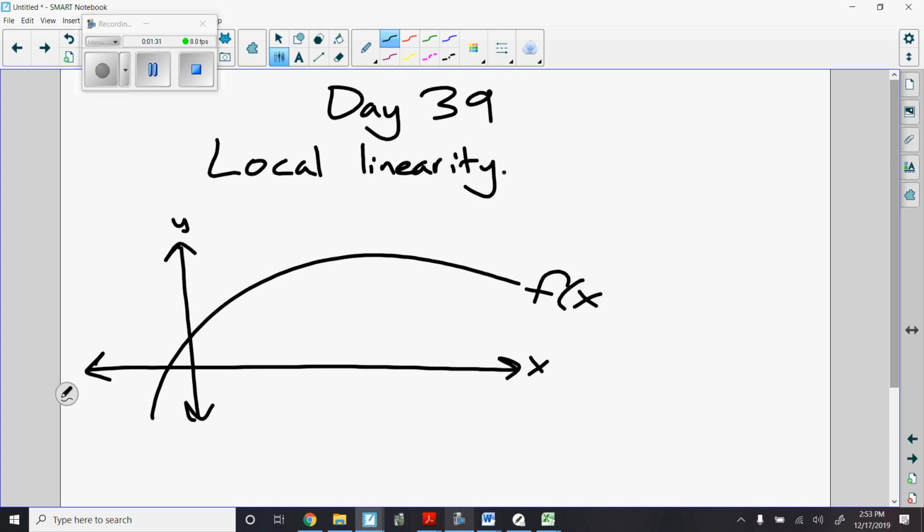But if we zoom in really close, it starts to behave a little bit more like a line. For example, if I focused on just this little section right here, I can still see it curves a little bit. But if all you saw was that little piece, it's going to look more like a straight line.